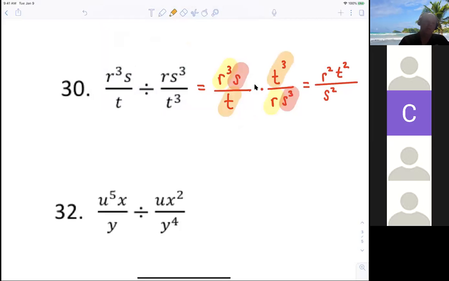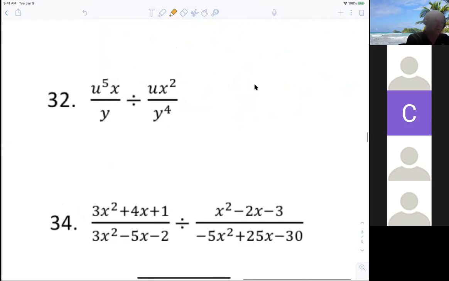Anybody have any issues with division? Again, 32 is the same practice, really, just multiplying by the reciprocal. Okay, so let's look at it. So I want you to write u to the 5th x over y times y to the 4th over u x squared. And now it's just a matter of looking at the letters.